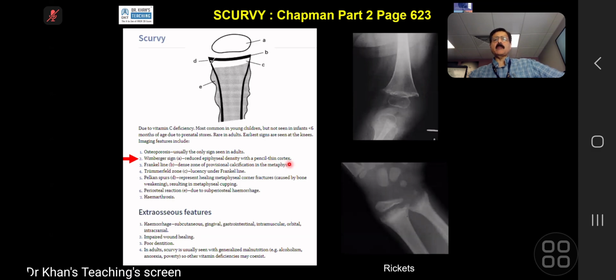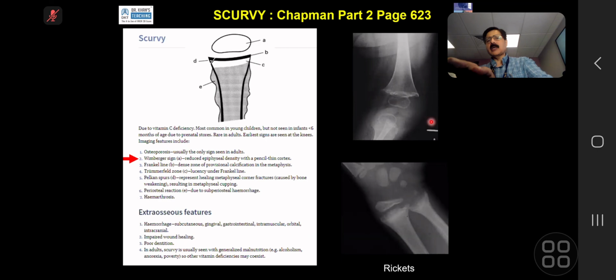So in the patella, you will see it, because there is osteopenia, the cortex is high density, and this is known as Wimberger sign. In many cases of scurvy, I don't have time to teach you everything about scurvy, but we will cover that in another chapter, metabolic, etc.